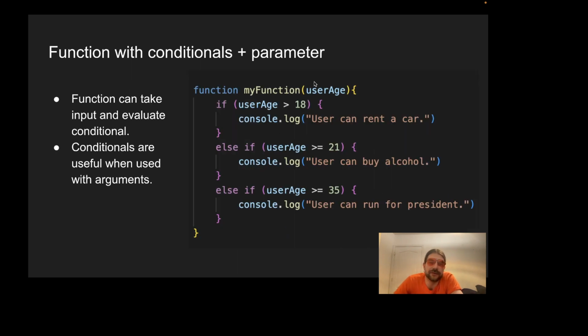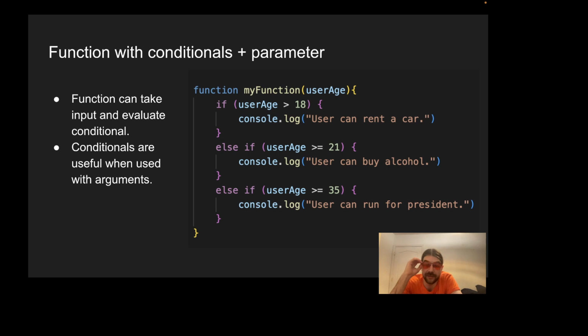But if we want to make use of conditionals inside of functions, usually we're going to be passing some parameter or some argument to the function, and inside of that function it's going to be making use of the parameter in the function declaration multiple times, and this way we can get different results or outputs based on what the argument will be.